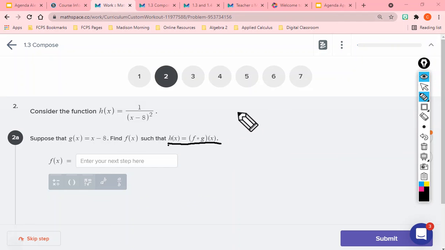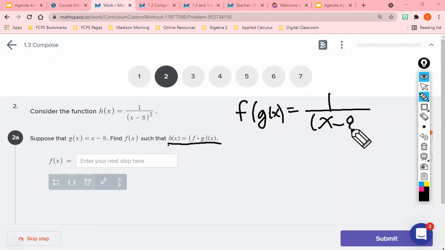Notice here that it says the composition equals this. It's all about how you translate the information. So if this is the composition, I need to know what F and G are.